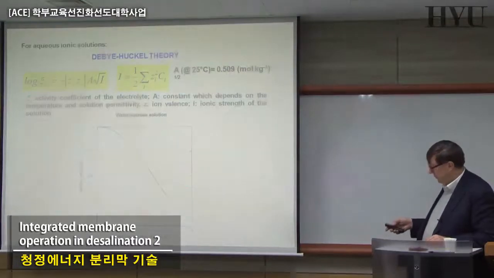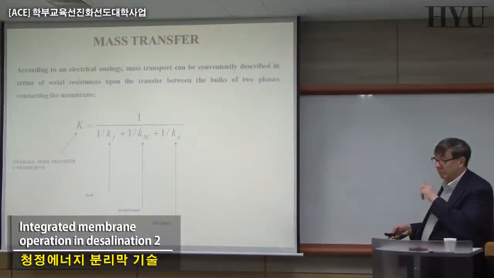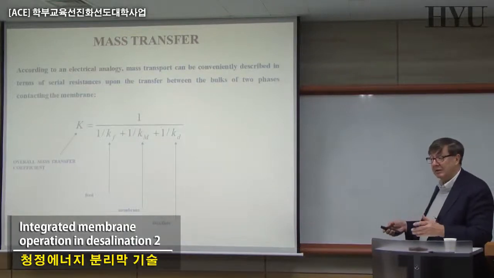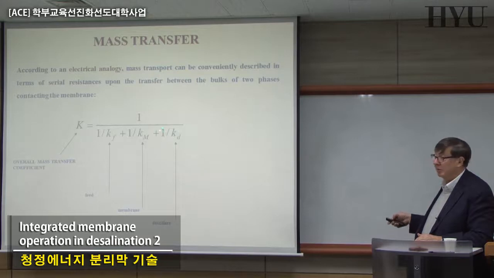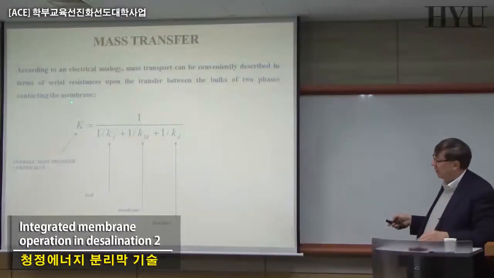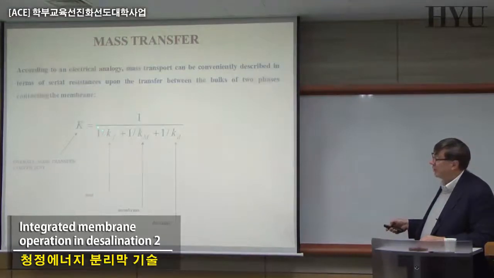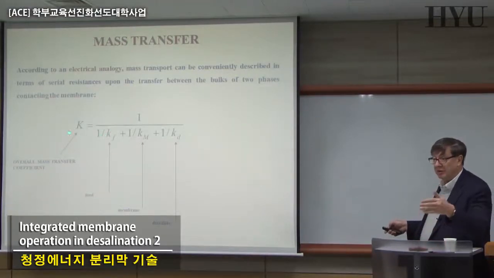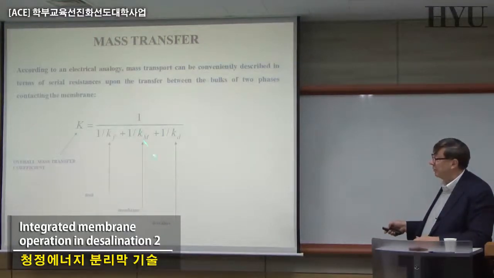And that's the kind of behavior you can see. Mass transfer you can calculate easily, and you will do exactly the same kind of analysis we have been doing in reverse osmosis and nanofiltration, where the overall mass transfer coefficient relates to the one in the boundary layer on the feed side, the boundary layer on the permeate side, and in the membrane itself.